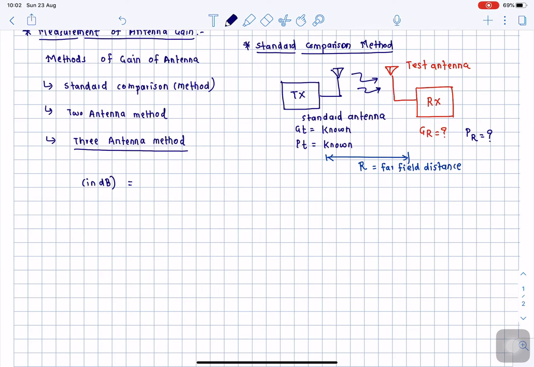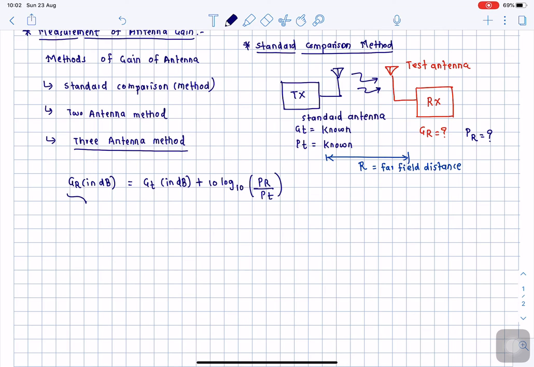So GR, that is the gain of the receiving antenna, in dB is given by GT, that is the gain of the transmitting antenna in dB, plus 10 log to the base 10, because we are dealing with a decibel scale, right, into bracket we will write received power PR divided by transmitted power PT. Here the only unknown is the left hand side.